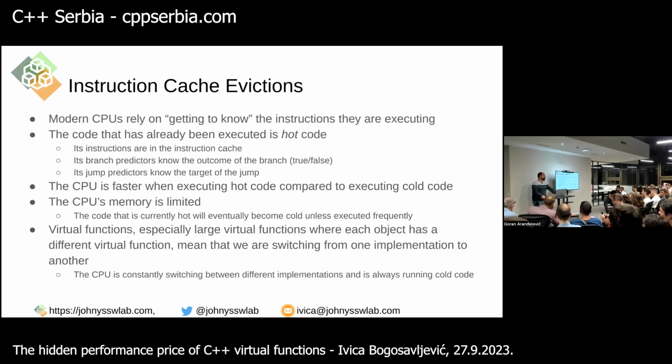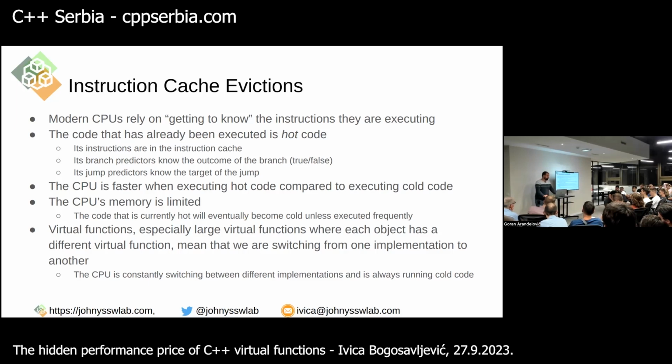What's the problem here? The amount of code that is hot is limited. If the CPU hasn't executed a certain piece of code for a longer time, this code becomes colder and colder, and eventually it gets removed from all the caches. So ideally, when you're executing your code, you want to execute the same code over and over.